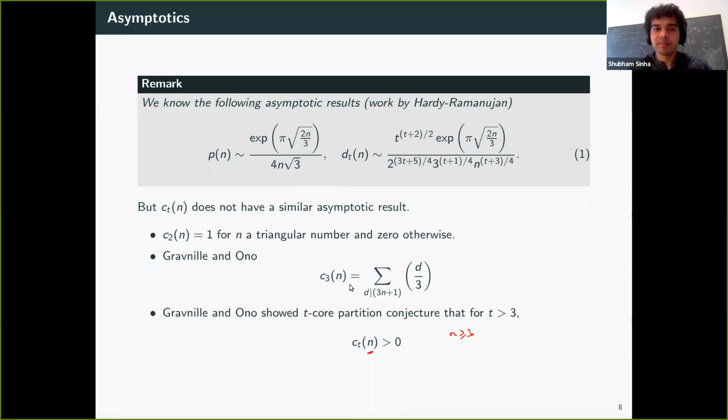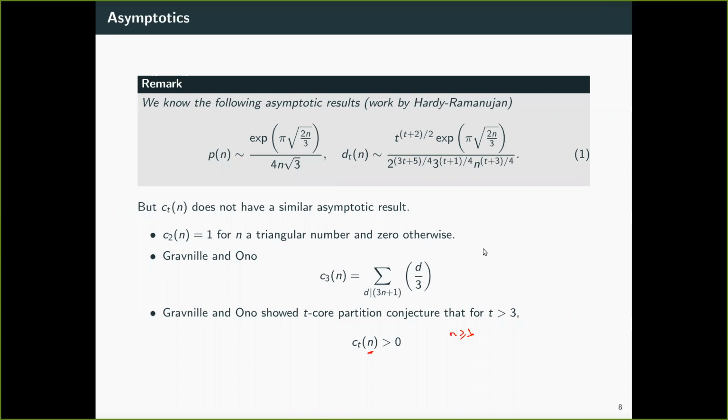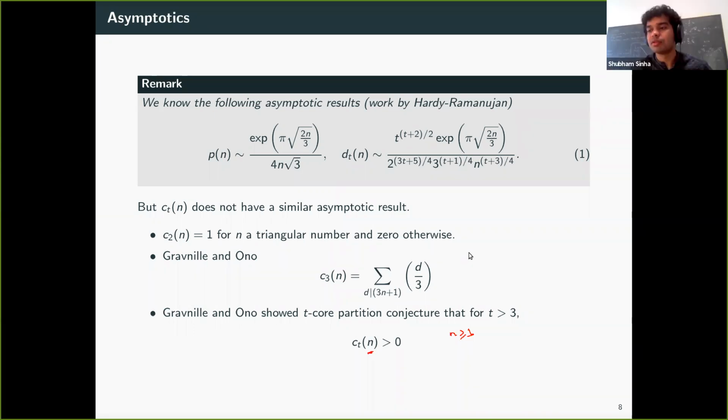And if you just care for the number, then you can write a certain quadratic equation, and the solution of that quadratic equation shall give you the number of t cores of that size.